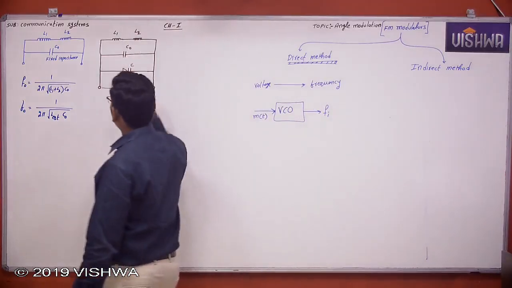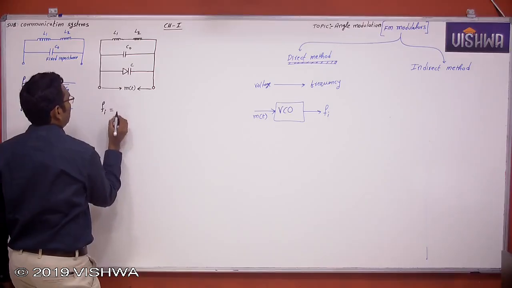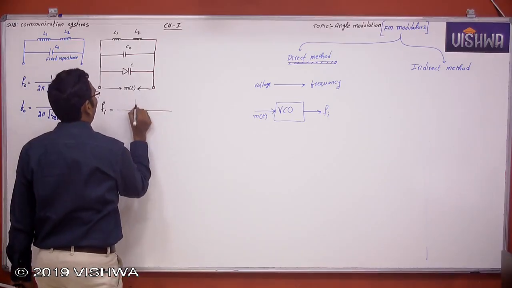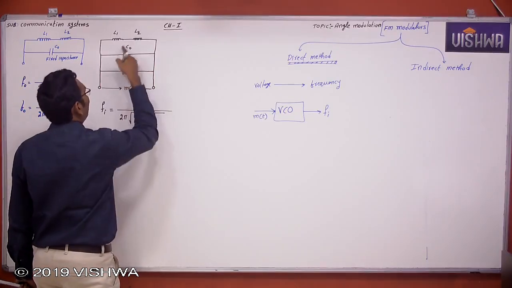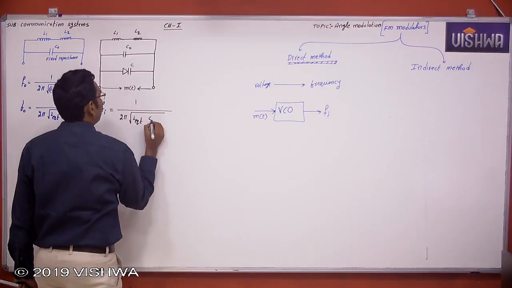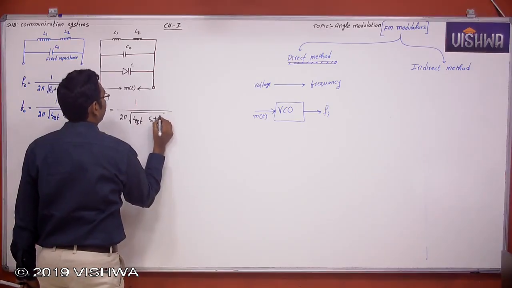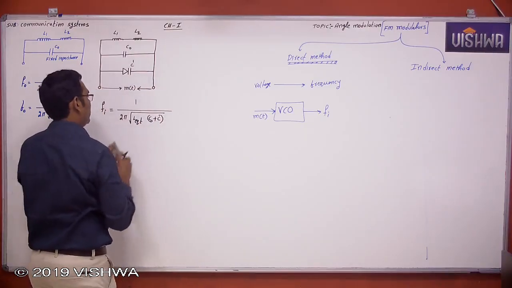Then what is the frequency produced by this VCO? It is Fi, instantaneous. Can I write like this? Fi equals 1 divided by 2 pi root L equivalent into (C0 plus C dash). Let us assume some C dash, C0 plus C dash.